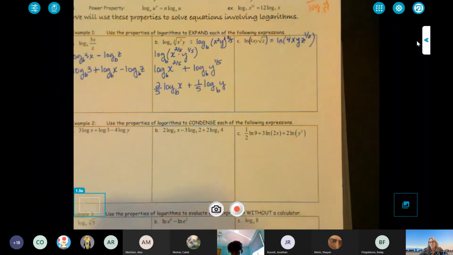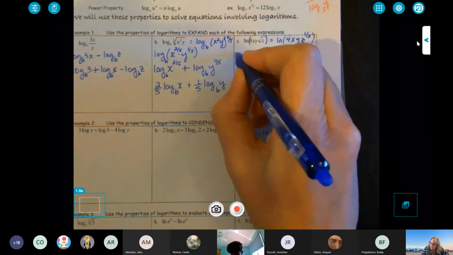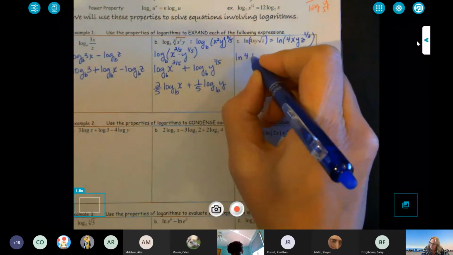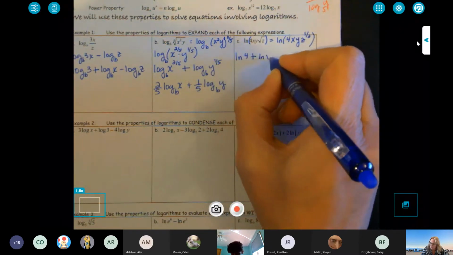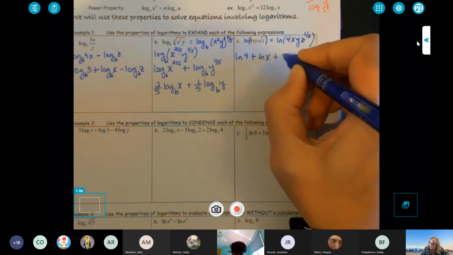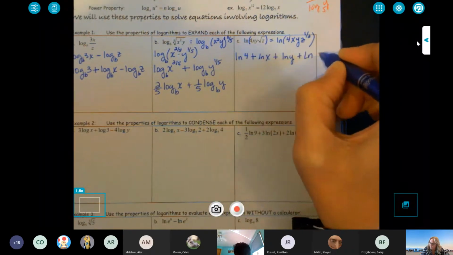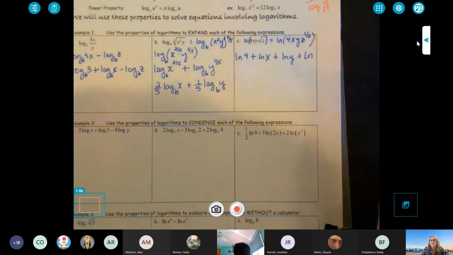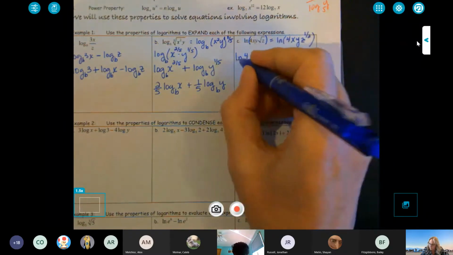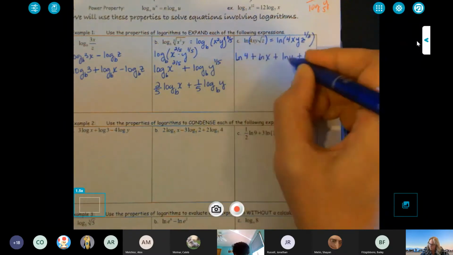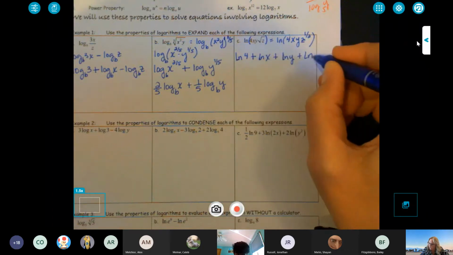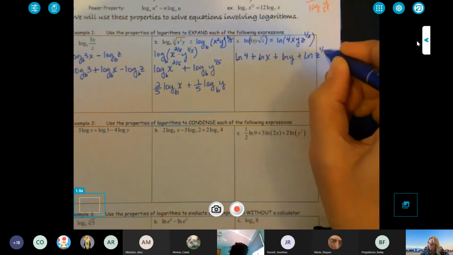So we need to use the product rule. So we're going to take the natural log of 4 plus the natural log of x plus the natural log of y plus the natural log of z to the 1/2.